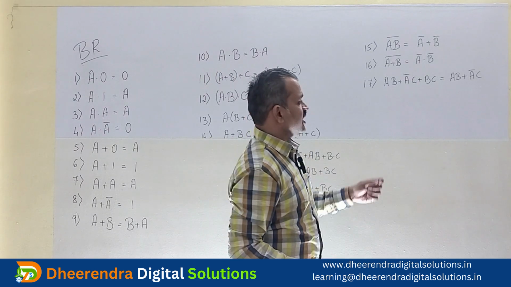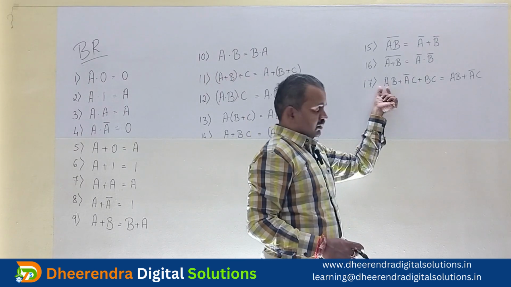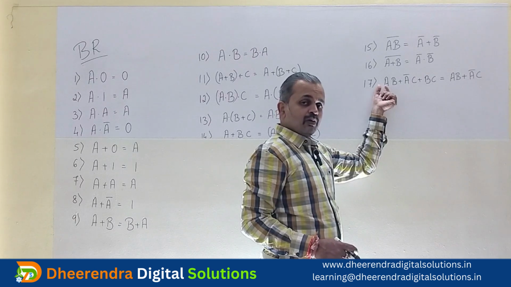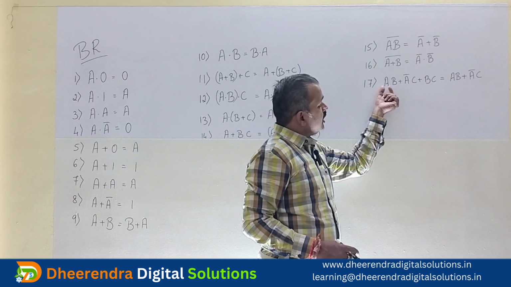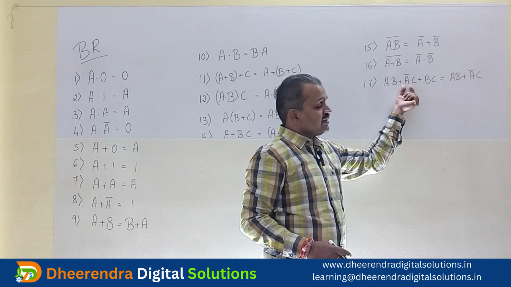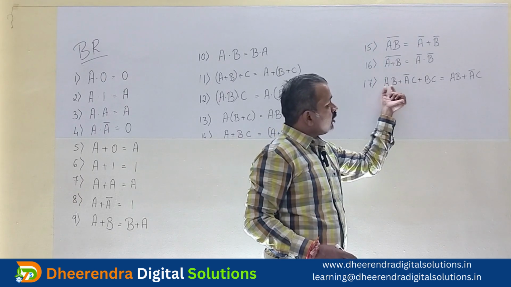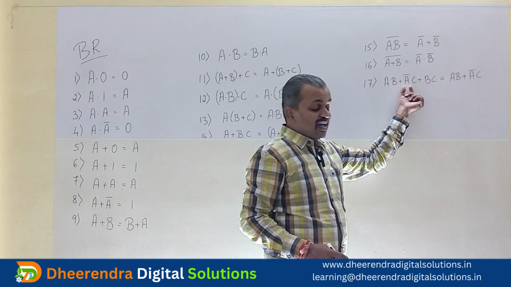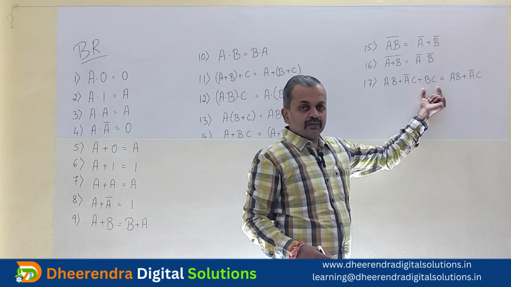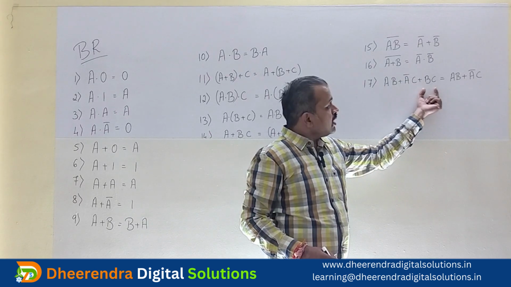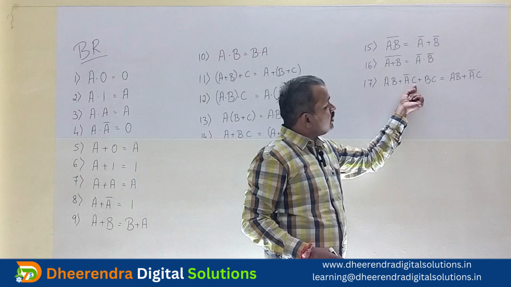The Shannon's theorem states if there is one variable or one term over here in both normal as well as the complementary form, and a third term exists, which is the AND of the remaining terms.